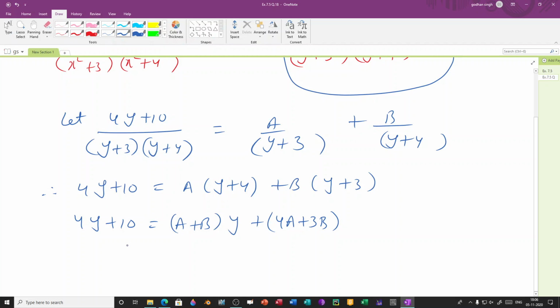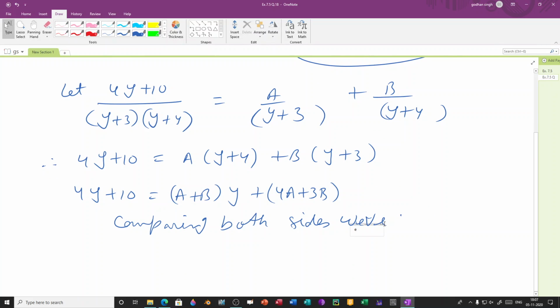Comparing both sides, the coefficient of y on the right hand side is a plus b, and on the left hand side it is 4.